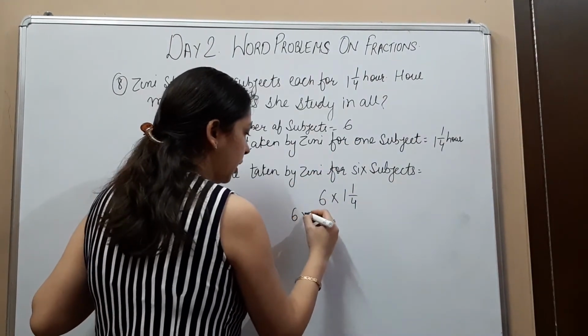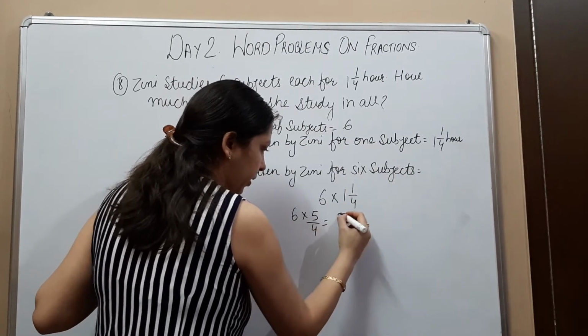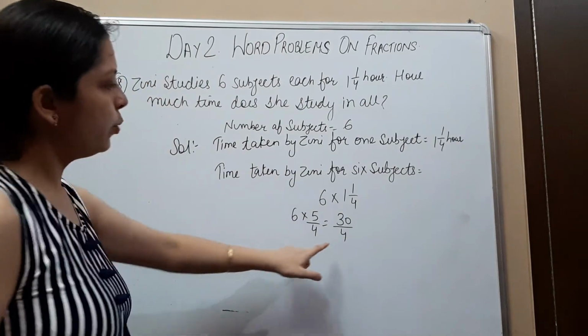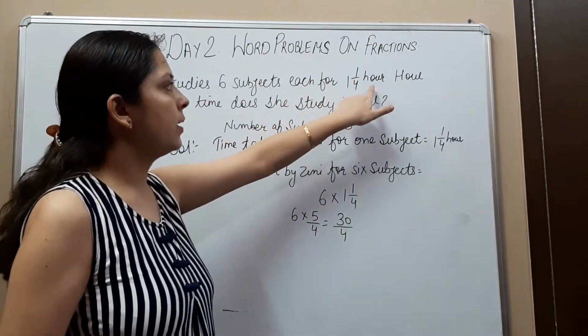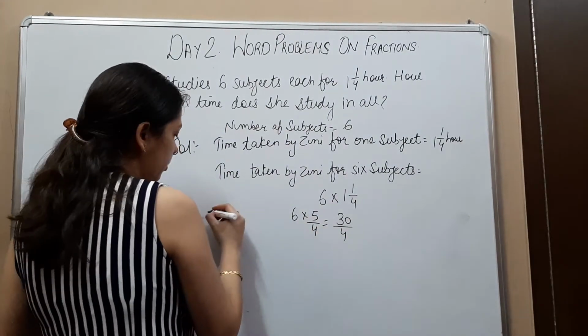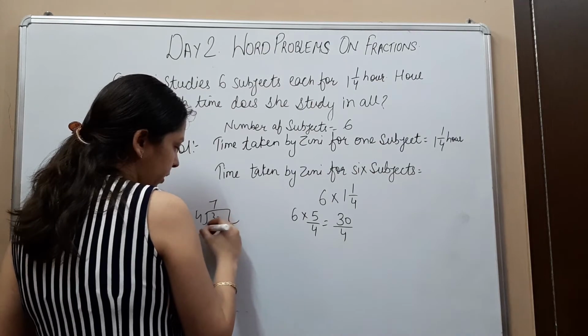So 4 times 1 is 4 plus 1 is 5. 6 times 5 becomes 30/4. As we have given the time for one subject in mixed fraction, we will find the time for 6 subjects also in mixed fraction. So 4 times 7 is 28.